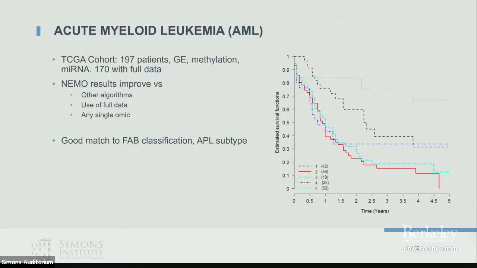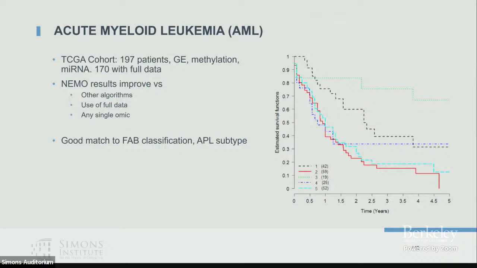Here is one specific example. This is AML, a cohort of nearly 200 patients, the same 3 omics. There was full data for only 170 patients. So what you see here is the survival curves for the 5 clusters that Nemo found.